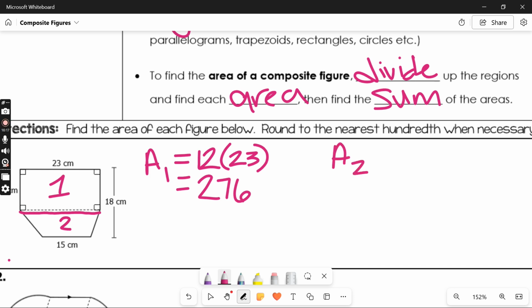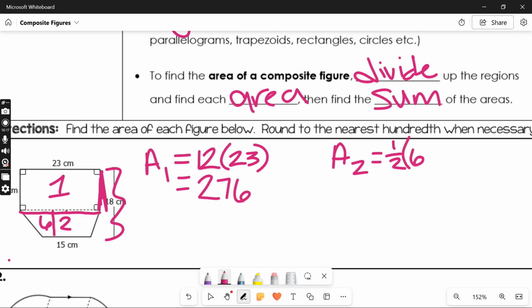Okay, that second section is a trapezoid. So the way that I find area of a trapezoid is 1/2 the height times base 1 plus base 2. So I'm going to have 1/2. Now, the height isn't marked on here, but it does go from one base to the other base. Notice it tells you the entire thing is 18, but we just knew this piece was 12. So that means our leftover is 6.